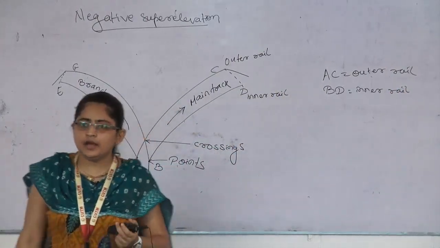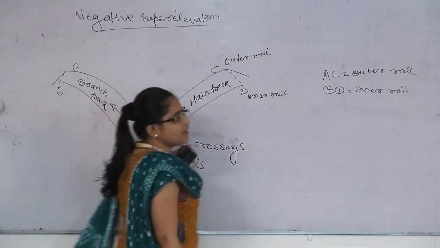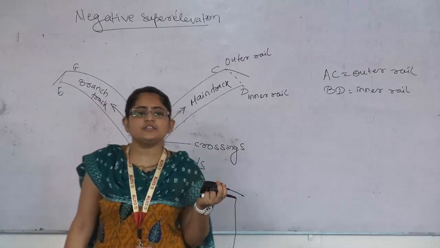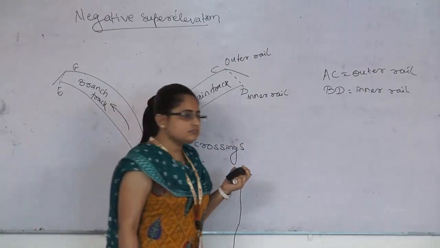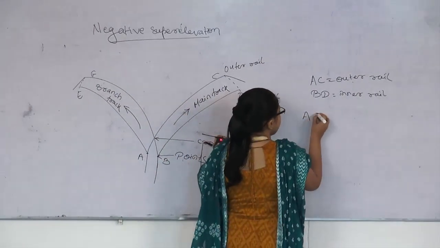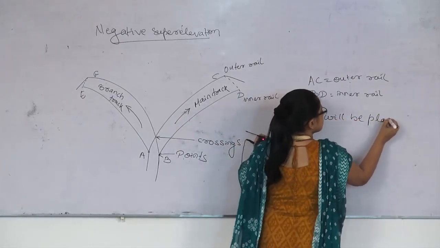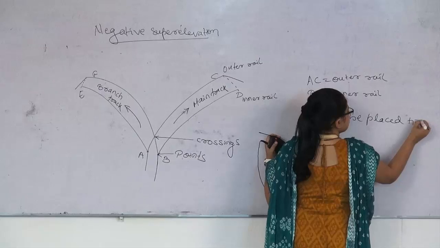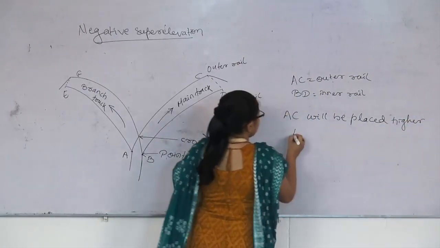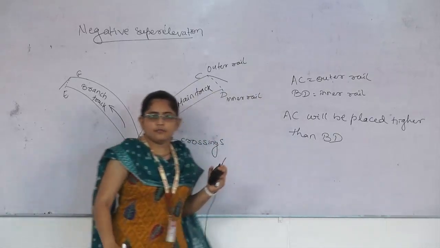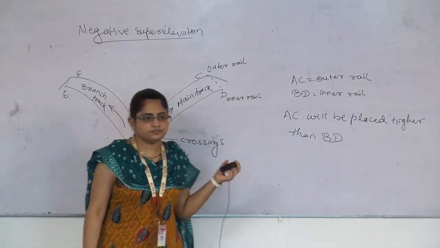BD is your inner rail. So which edge will be higher? AC will be placed higher than BD. Okay, for what? Superelevation.